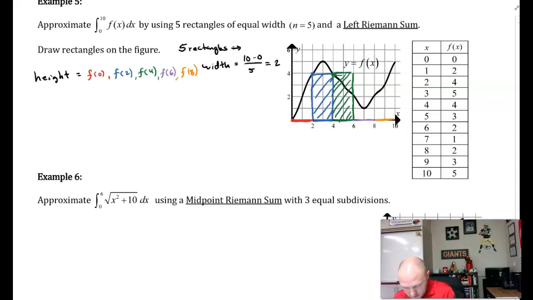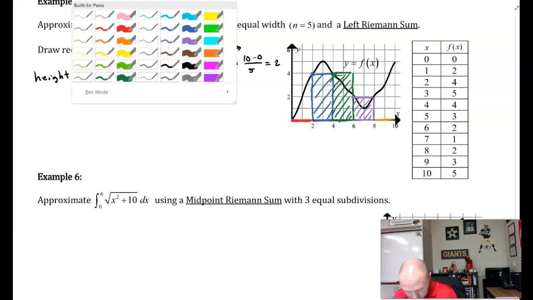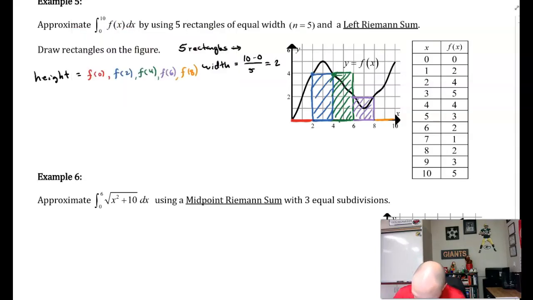Then f of 6, right here, and f of 8, which is also about here. Okay, so there are the rectangles.